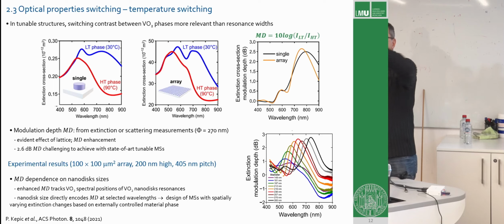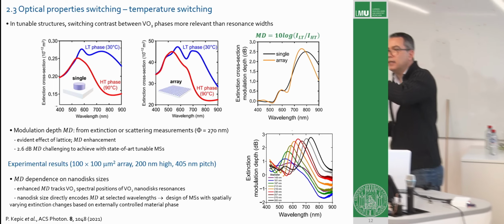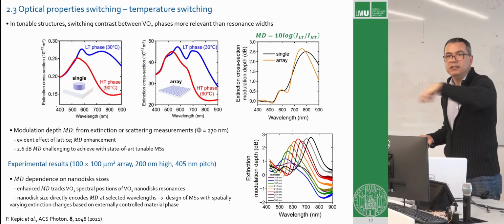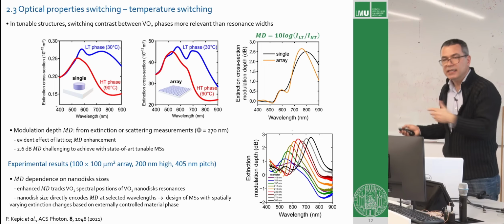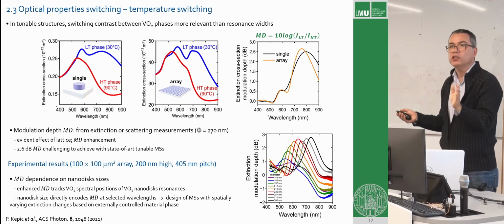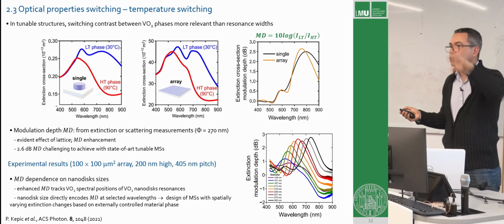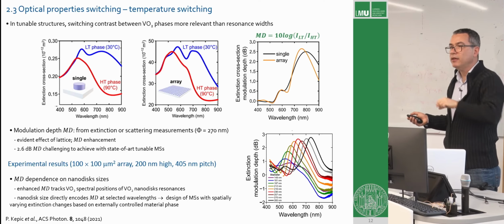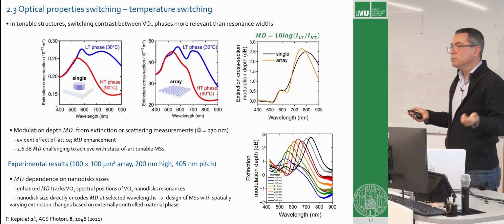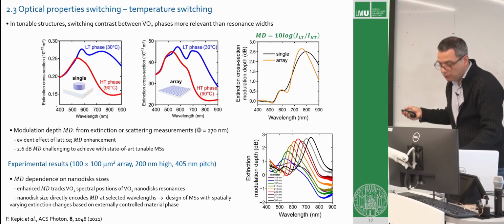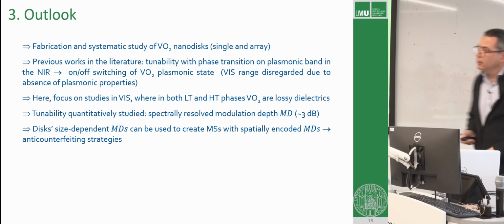So if I fabricate a metasurface not with disks all of the same size, but encode sizes in space, we can achieve something similar to what I showed you in the pixelated biosensor metasurface for detecting molecules. But here, the applications may be different. I will come to this in a while.